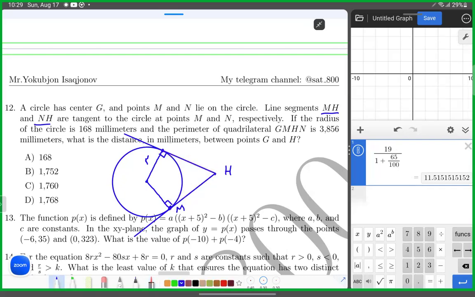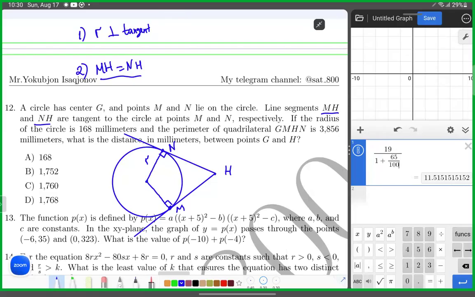It means we should consider that MH equals NH. Every SAT student must know this formula. Okay, it is the second property. The first property was that the radius is perpendicular to the tangent, to any tangent.